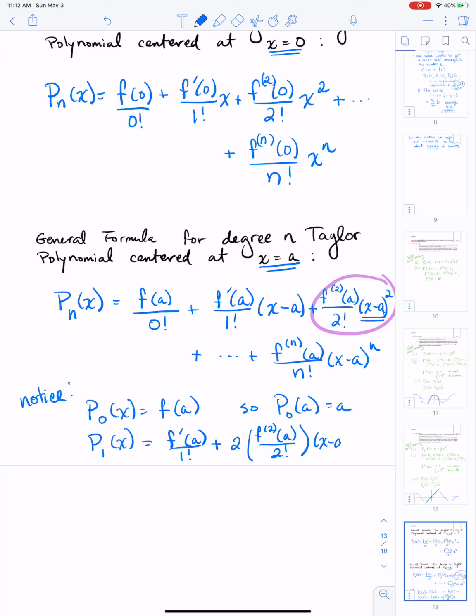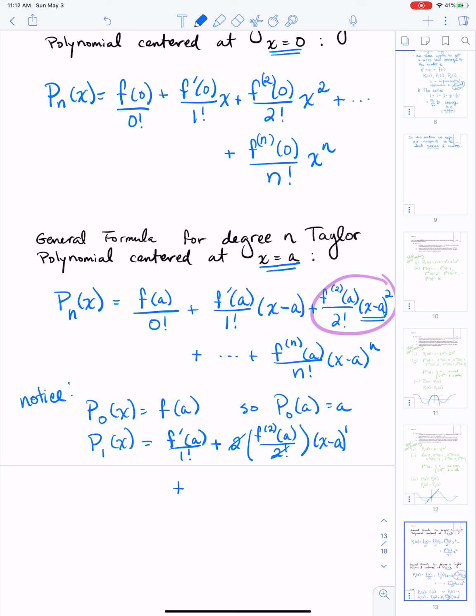So x minus a, and then I'm reducing the power by 1. Chain rule wise, because the derivative of x minus a is just 1, that doesn't change anything. So notice here that this 2 is going to cancel with the 2 in the bottom.